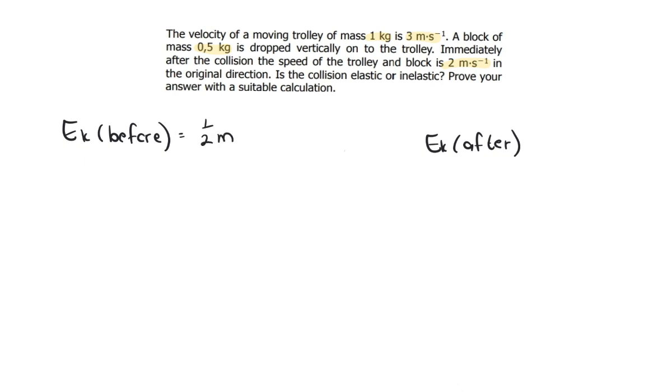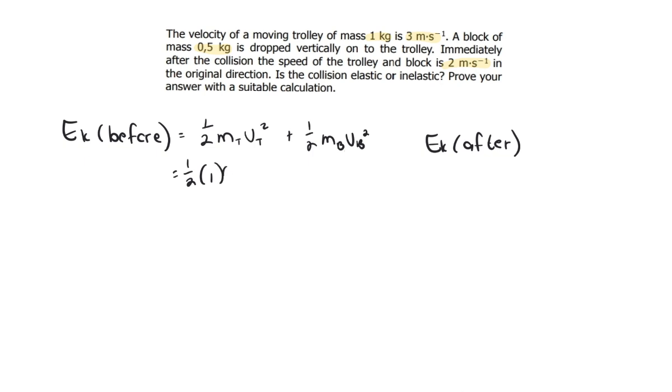So I'm going to say a half times the mass of the trolley times the velocity of the trolley squared, plus a half times the mass of the block times the velocity of the block squared. Okay, and then I just input my values.